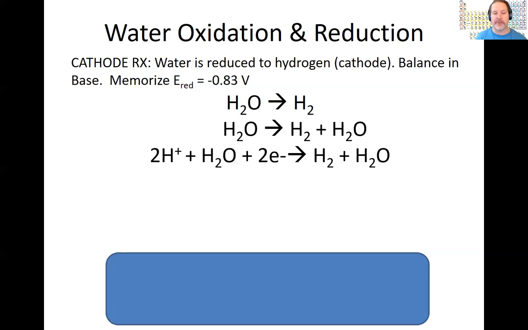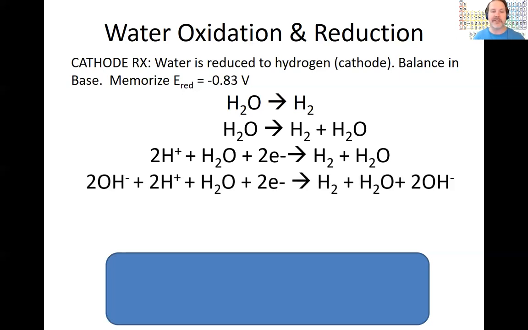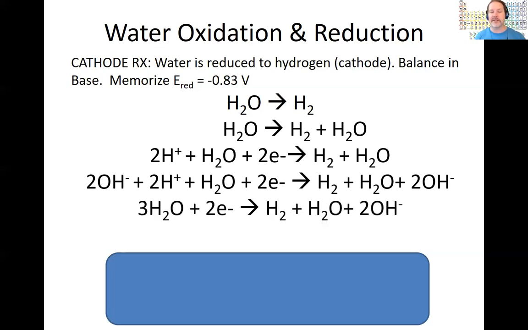Hydrogens, oxygens, all balanced. Now the next step, we add hydroxides to get rid of the hydrogen ions. So I'm going to add 2 hydroxides to both sides. Take those 2 hydroxides and 2 hydrogen ions on the reactant side, make them into waters. It gives me 3 altogether. Now I'm going to subtract off the water that I had to put on the product side, so I reduce to the simplest amount of water.